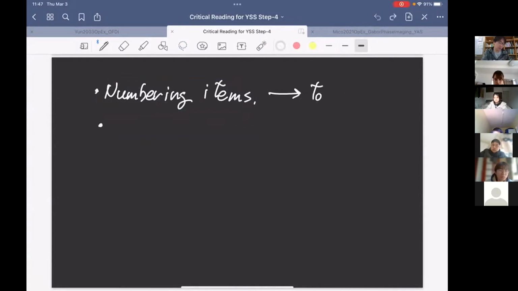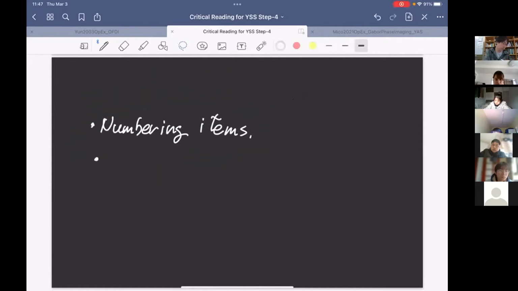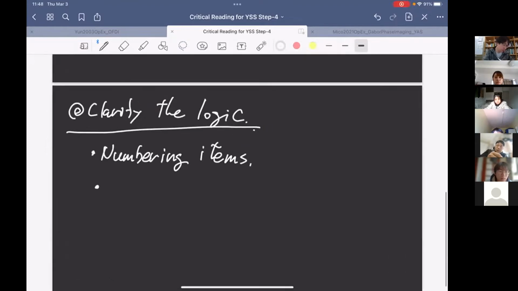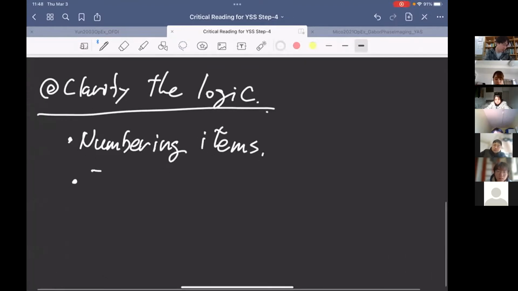Maybe, hold on. Okay, numbering items is one way. And the second way is focus on connective words.